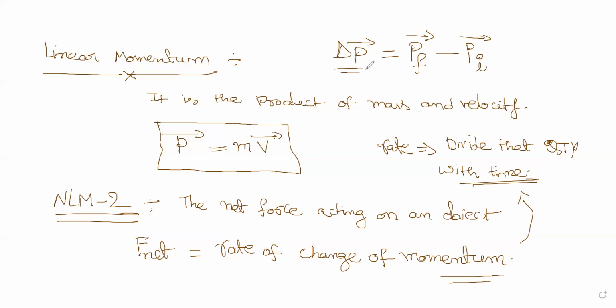Now this is the change for a larger quantity. If I write delta p, this refers to a large change in general. If there is a large change in momentum, we represent it as delta p bar, that is p final minus p initial. Clear this part? You can make a note, no problem.